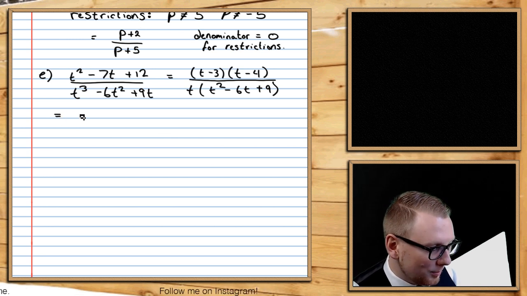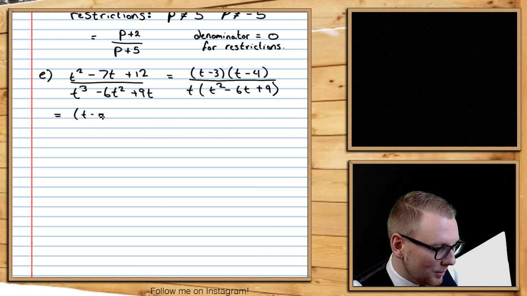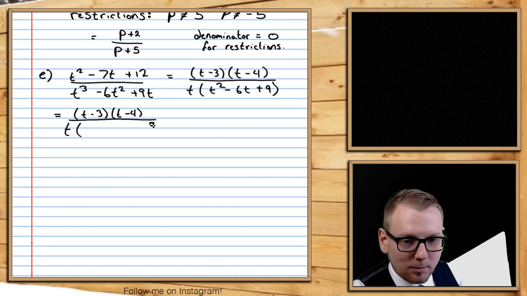So then this becomes t minus 3, t minus 4 over t, and then times what?